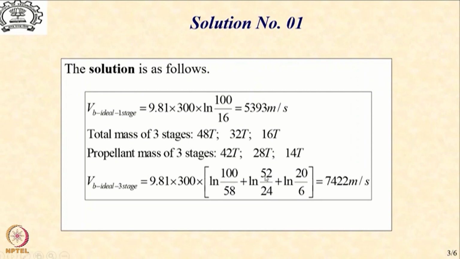And then we burn 28 tons of propellant, and what we are left with is 24 tons at the end of the second stage.